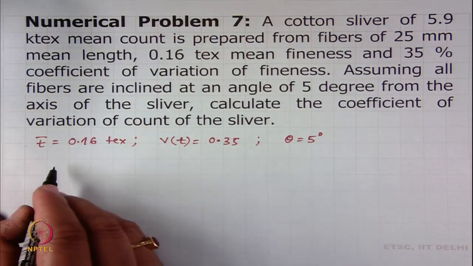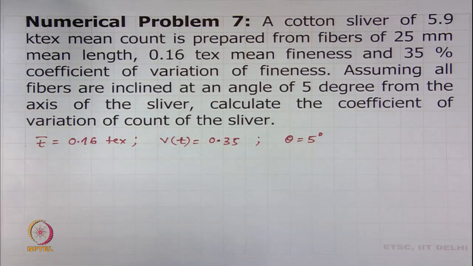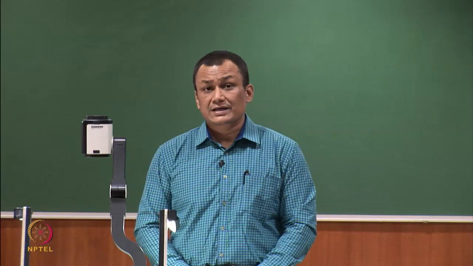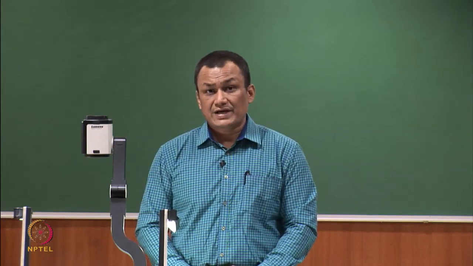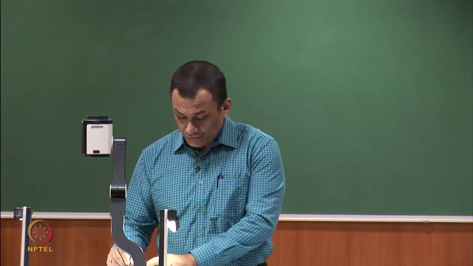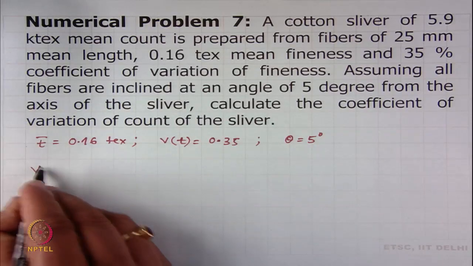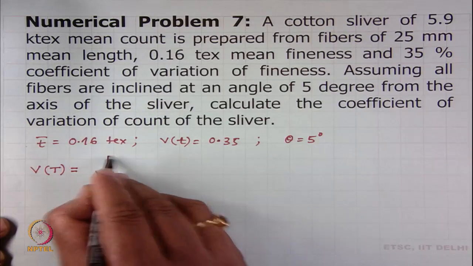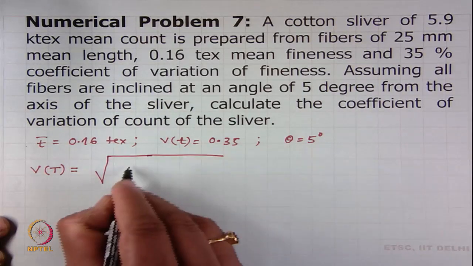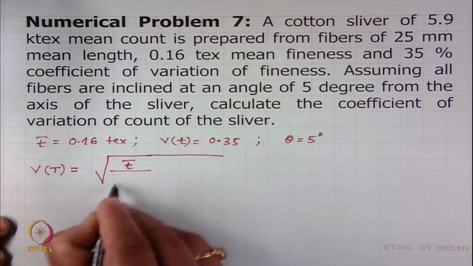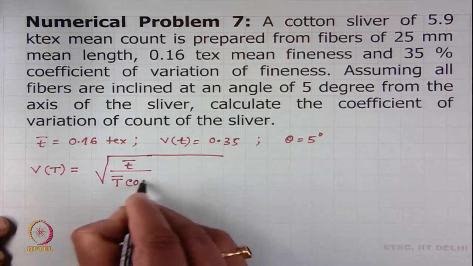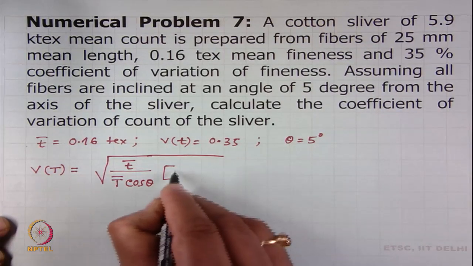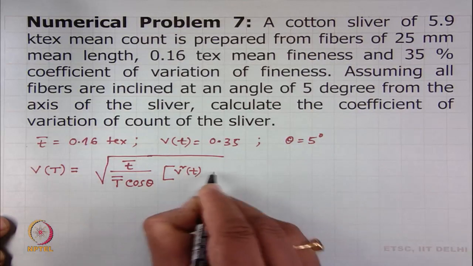So, you remember the theory of CV of sliver fineness, when all fibers are inclined at the same angle from the axis of the sliver. We derive this relation: V_T equals t bar by capital T bar cos theta, V squared t plus 1, whole to the power half.